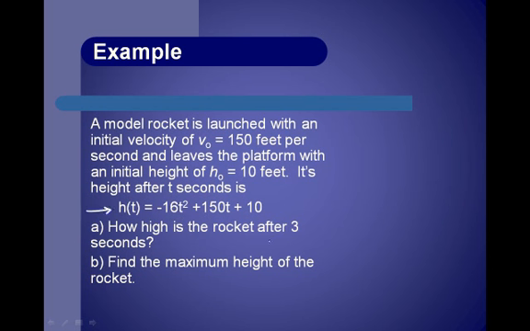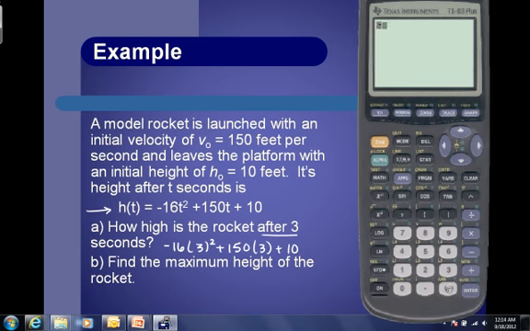So if they are asking for the height after 3, we are simply going to go into our formula, negative 16 times 3 squared plus 150 times 3 plus 10. Well, using our calculator, we get a height of 316 feet.